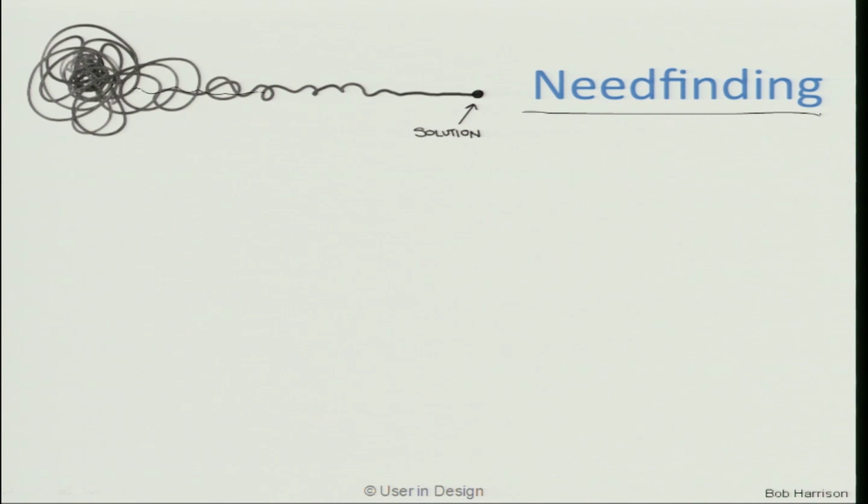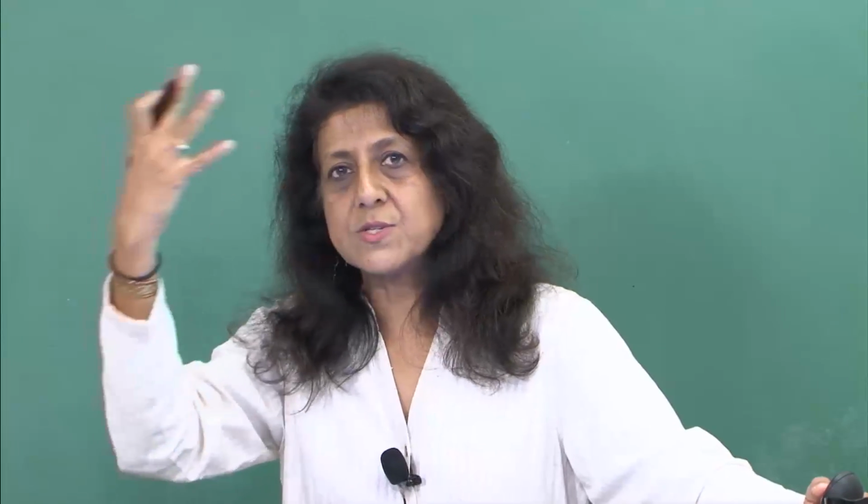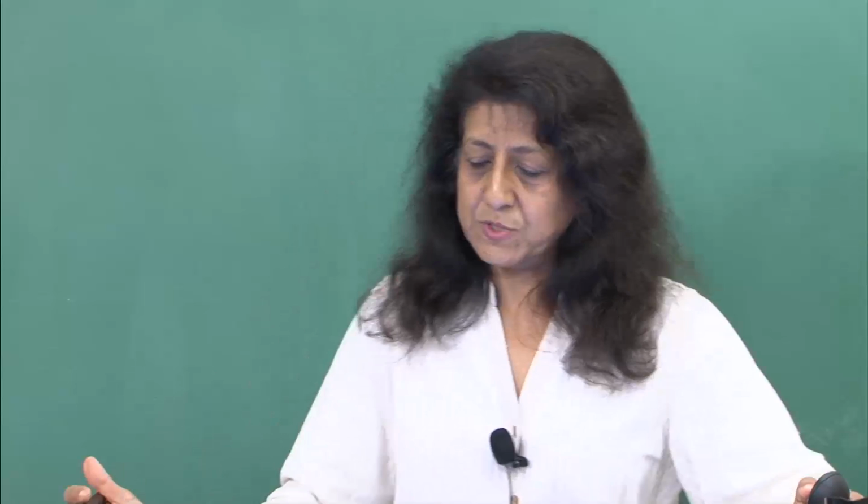You start with this big jumble, and as you do more and more, you're thinking, what is going on? I cannot make sense of this. Trust me, you will. It starts to unravel to a point where you see patterns, the fog clears, and you start to see the real needs of those people.